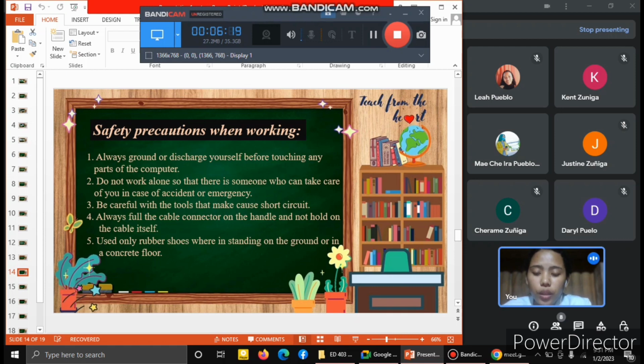Be careful with tools that may cause a short circuit, and always hold the cable connectors and not the cable itself. Use only rubber shoes when standing on the ground or on a concrete floor. Of course, when you are working, you are required to wear rubber shoes to avoid accidents.